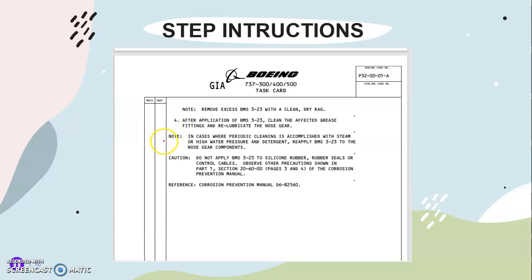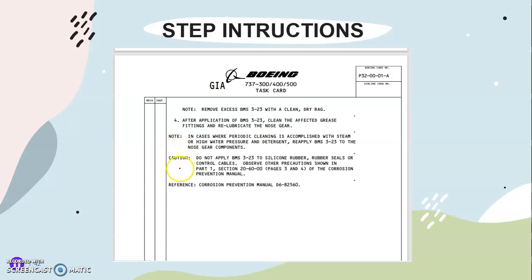And we have a note here, in case where periodic cleaning is accomplished with steam or high water pressure and detergent, we apply BMS. So, if cleaning is accomplished with steam and high water pressure and detergent, we must reapply BMS.